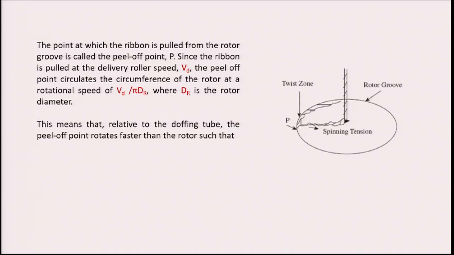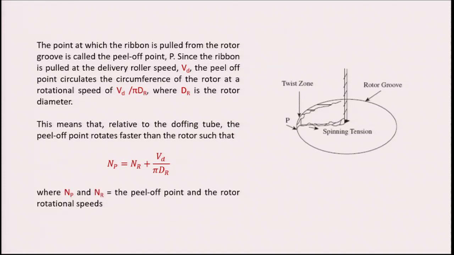Now, that means relative to the doffing tube, the peel off point has to rotate much faster, right. It has to rotate faster than the rotor itself. The rotor is making a certain number of rotations and the peel off point has to move faster than the rotor, then only the peel off happens, right. So, if n sub p is the peel off point rotational rate, that is going to be the sum of two things.